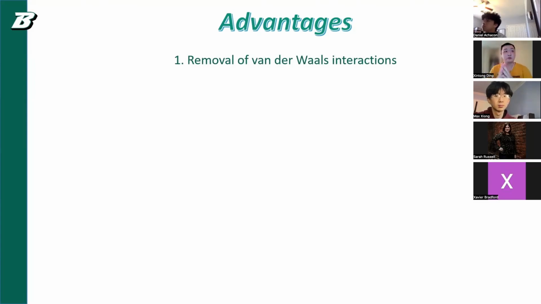2D materials are a new topic these days and a really hot topic in material science. So firstly, it removes the van der Waals force between different layers. So a bulk material like graphite in your pencil only has van der Waals force, but a monolayer like a graphene sheet only has covalent bonds.